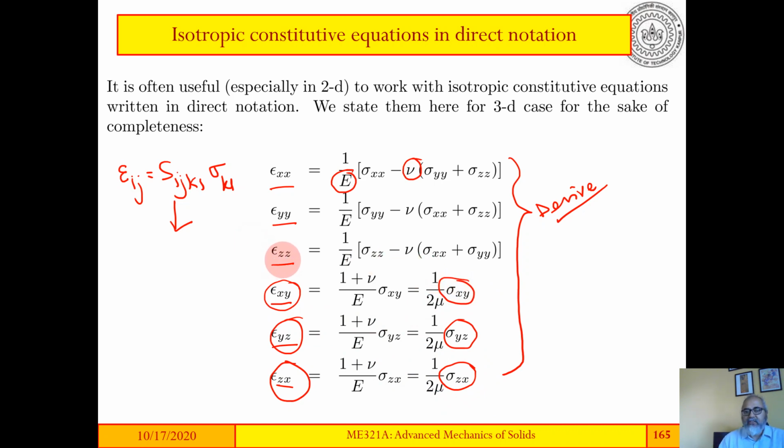The normal strains depend on the normal stresses, but every normal strain depends on all three components of the normal stresses. So these are consequences of isotropy that will come in very handy while solving problems.